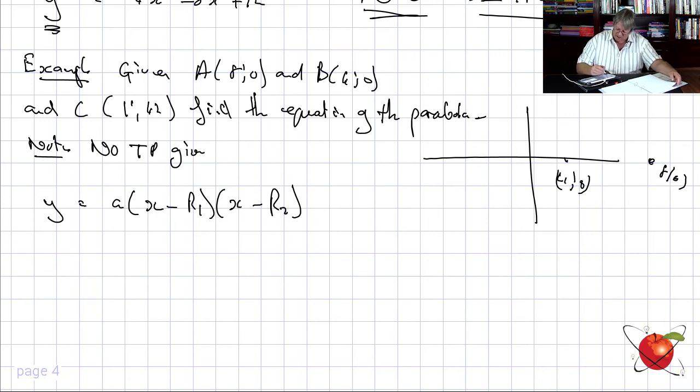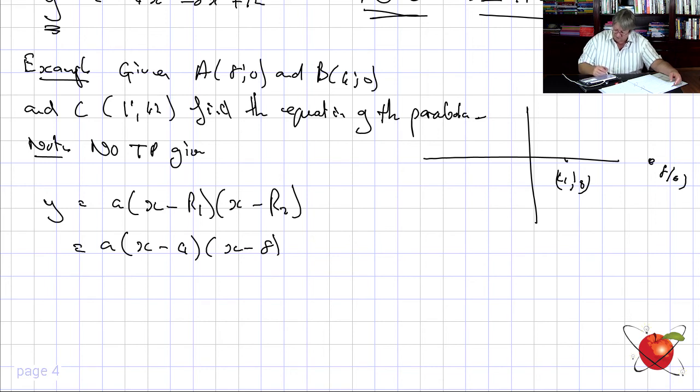Then we plug in what we know: a times x minus 4, x minus 8. You can multiply it out if you wish, but you don't need to multiply it out.